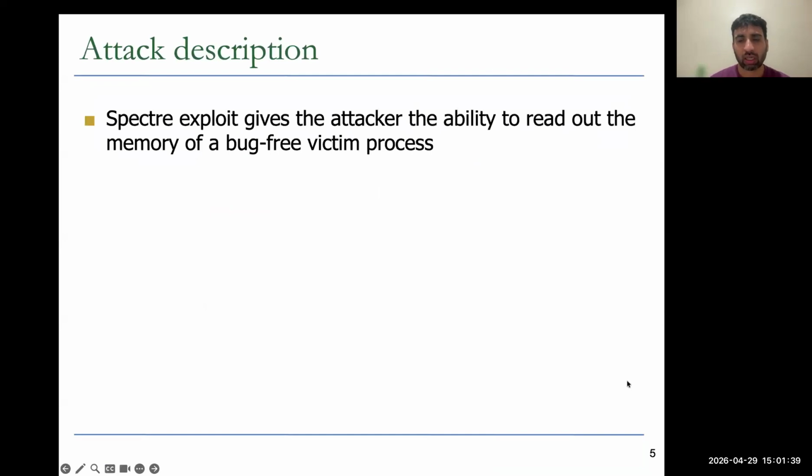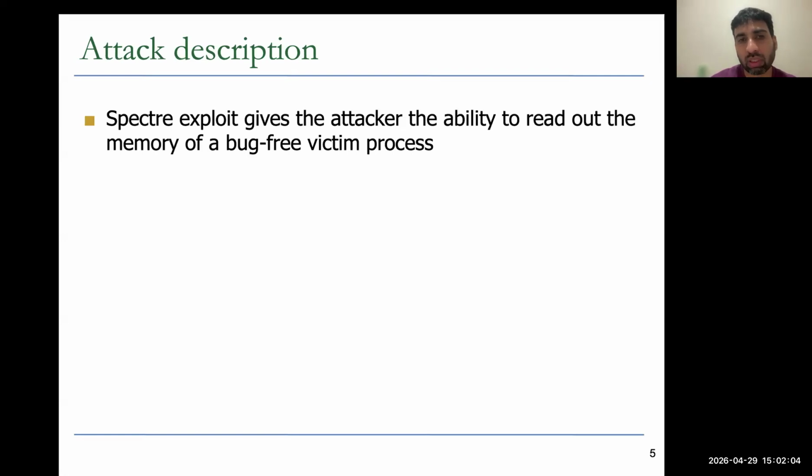Let's first talk about the highlights of this attack, like what are the main features. The basic thing is that this Spectre attack allows the attacker to read out the secret or private data of a victim process which is free of any bugs.